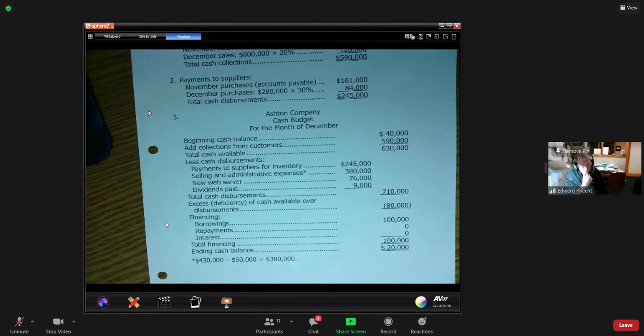There's that theme where there's several of the budgets. What do they expect? What do they desire in ending inventory? And you subtract the beginning inventory. There's about 3 or 4 of those. Production budget's one of those. You'll get it through practice.